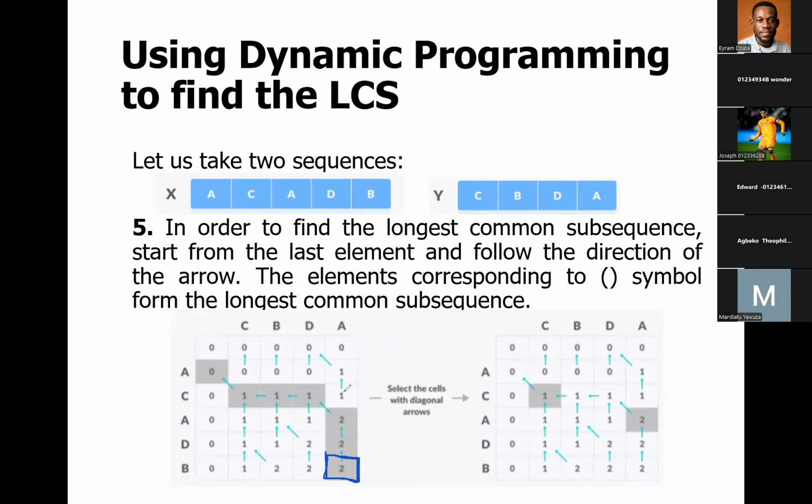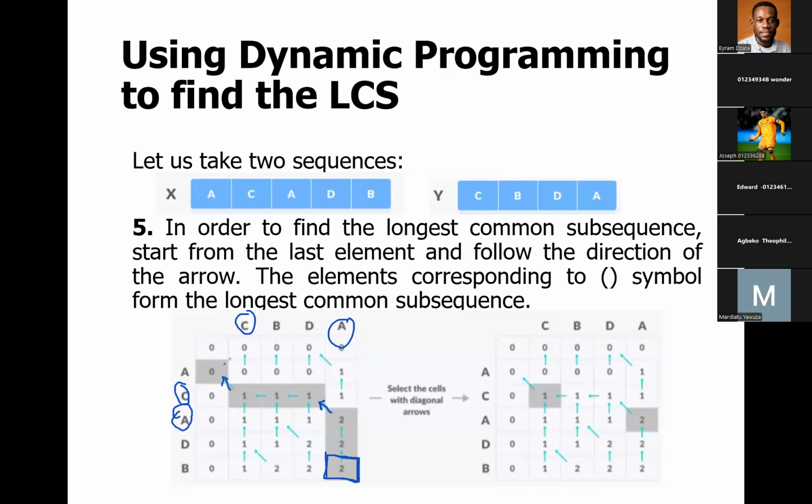Now, in the backtracking logic, if the characters are the same, then you have an arrow pointing diagonally, like we can see here. Okay, so we see that this is A, and this is also A. For instance, we can see C here. Here is also C. So anytime we see those, we see what? An arrow pointing to the diagonal cell.